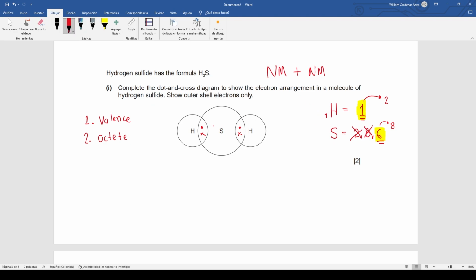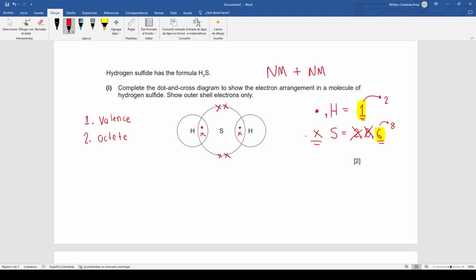So we have 6 valence electrons, and let's say that hydrogen will be working with dots and sulfur will be working with crosses. So in this case, we will need to put 6 crosses in the sulfur. So we have 2 crosses here, and let's try to put 4 more.